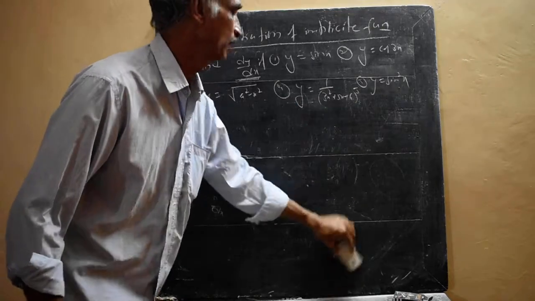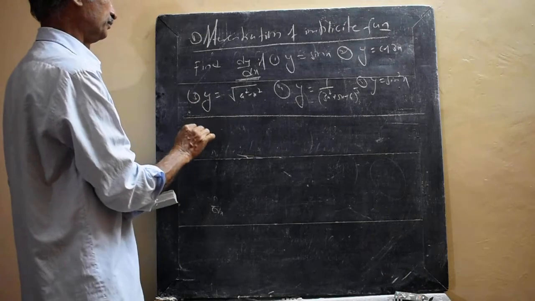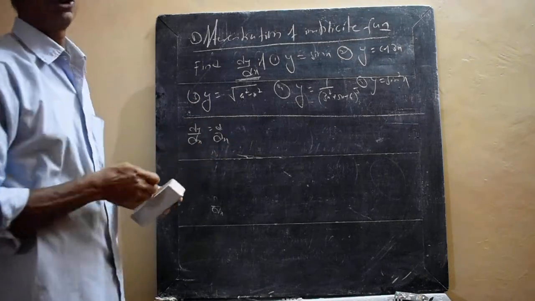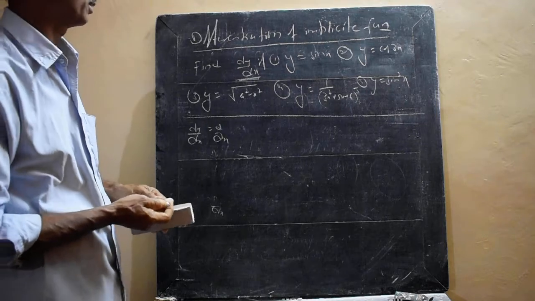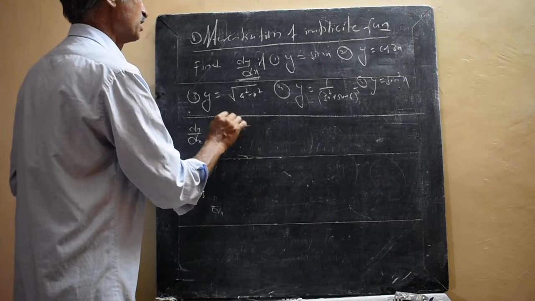Therefore, dy by dx is equals to d by dx of root of a square minus x square.